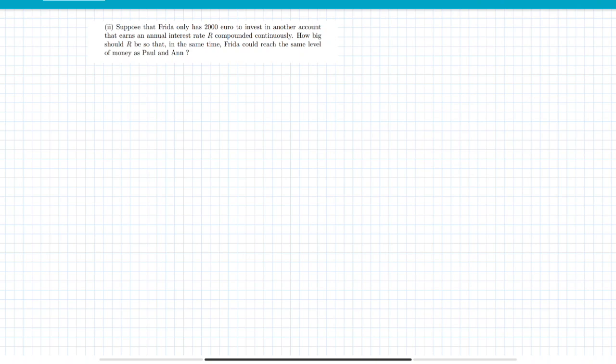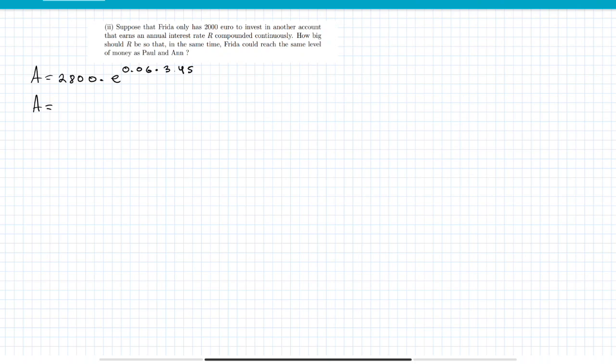First of all, I think we need to find the money that Anne and Paul had in the end. This is just the same formula, and let me choose, for example, Anne's numbers: 2,800 multiplied by e to the power of 6% multiplied by the time of 3.45 years.